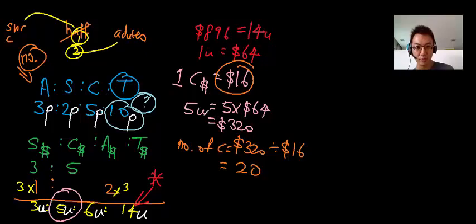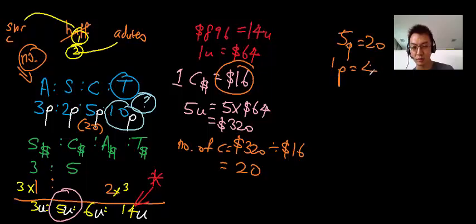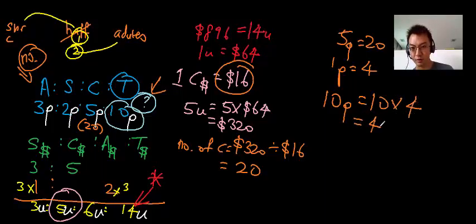Okay, so 5p is actually 20 from here. So 5p is equals to 20, 1p is equals to 4. Again, p stands for parts. Then we have 10 parts, which is what we want to find here, and is 10 times 4, which is 40, and this is my answer.